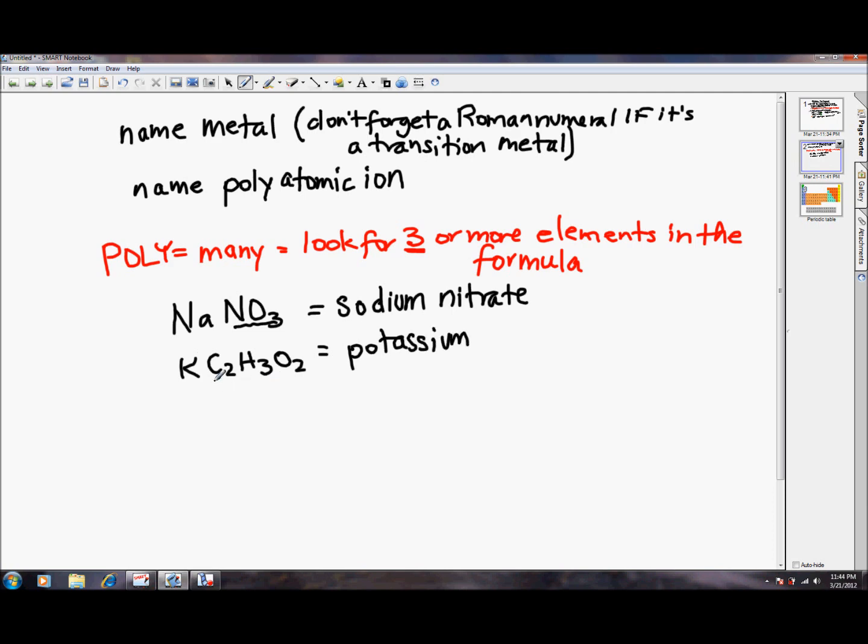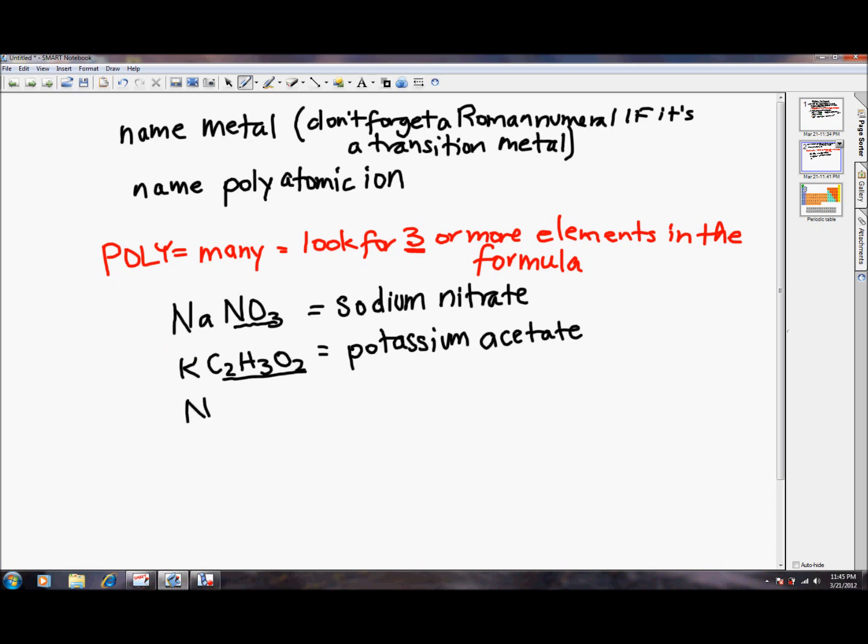Okay, well, what's this big thing here? This is one big piece. Well, you look at the back of your periodic table very carefully, and you will find C2H3O2, a whole big group, is called acetate. So this is called potassium acetate.